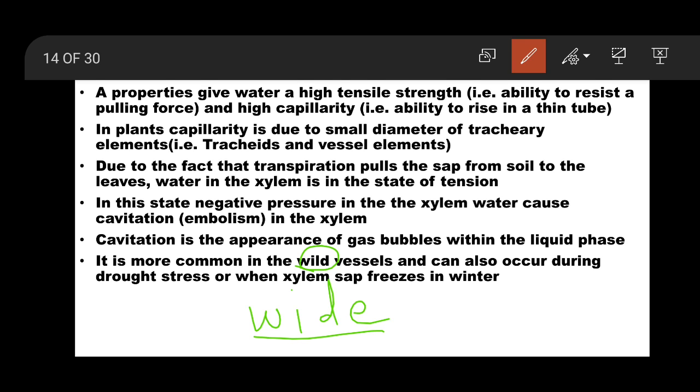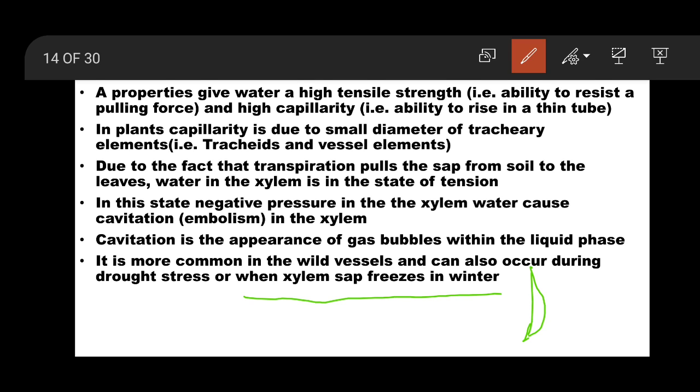Wide means the diameter will be larger. So cavitation is often seen where vessels are wider in diameter, and it can also occur during drought stress, when there is a shortage of water. It also occurs when xylem sap freezes in winter due to low temperature.